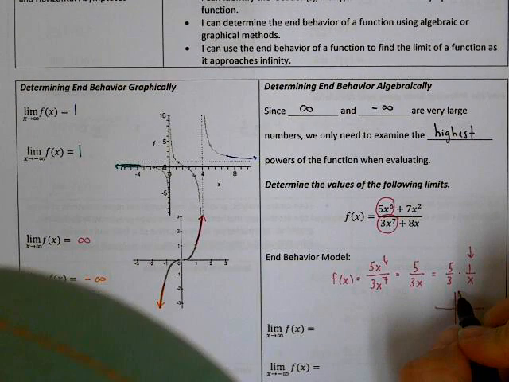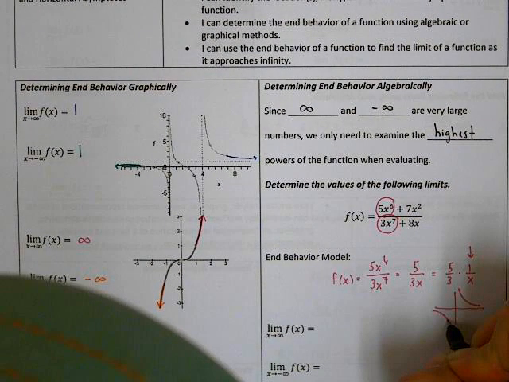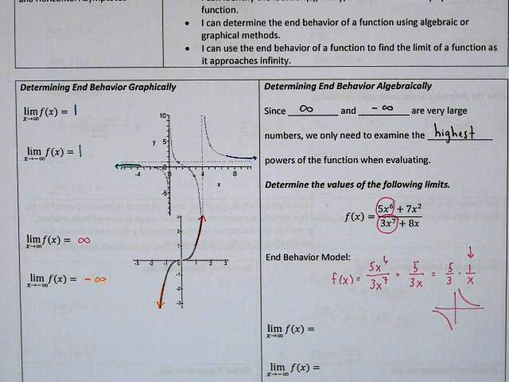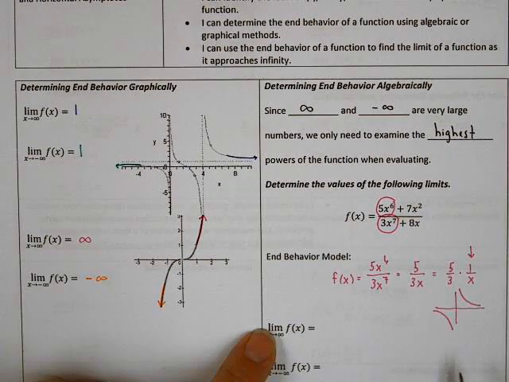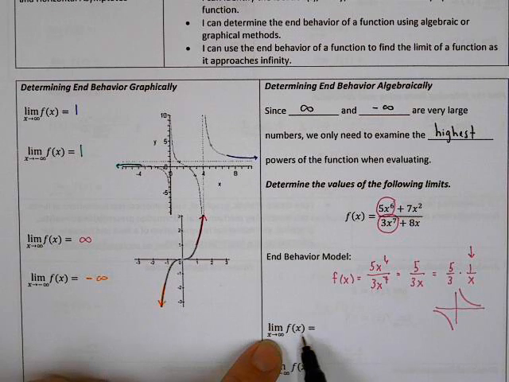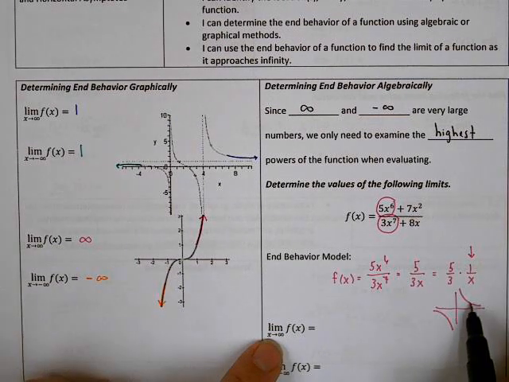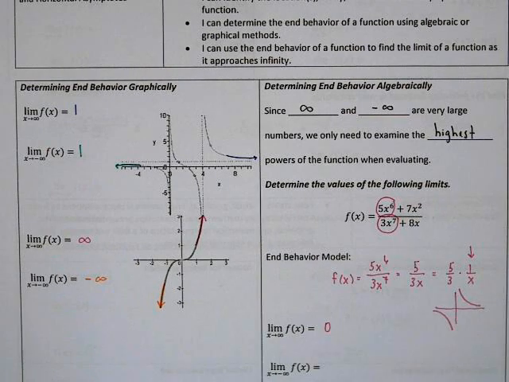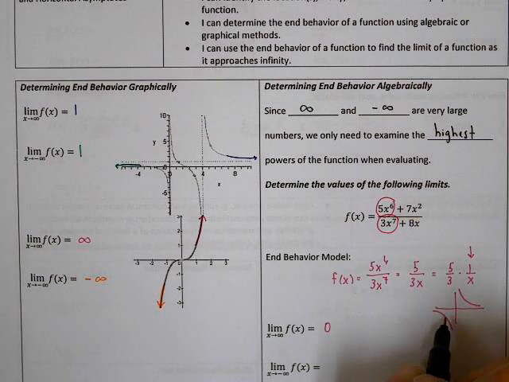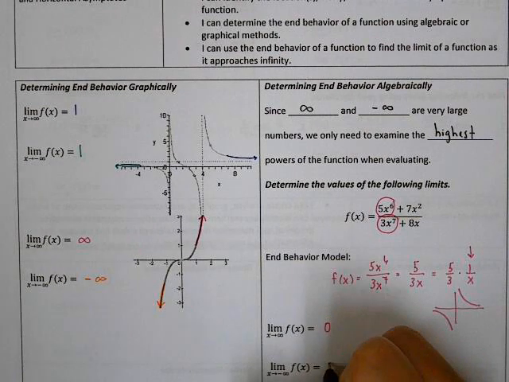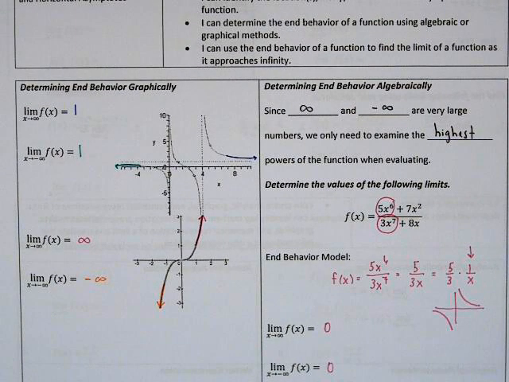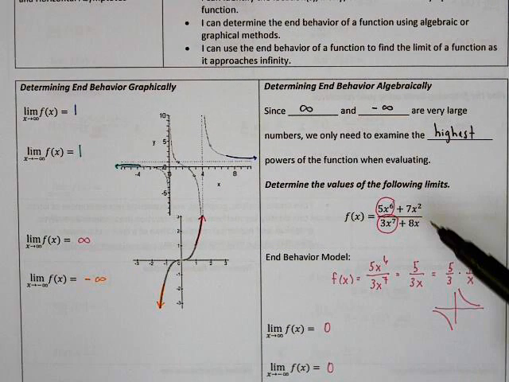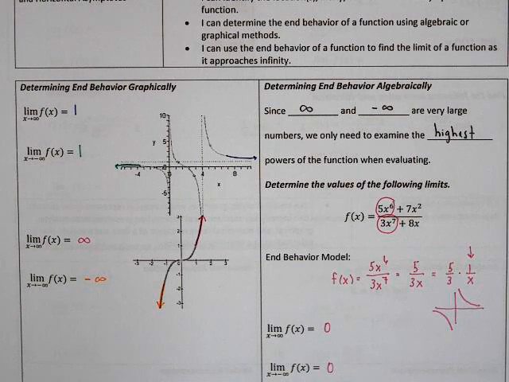And I know 1 over x looks something like this. So now I can use that end behavior to determine this limit. As x approaches infinity, I can see out here my limit is going to be 0. Same thing here, as x approaches negative infinity, my limit's going to be 0. But again, that was all controlled just by these highest powers.